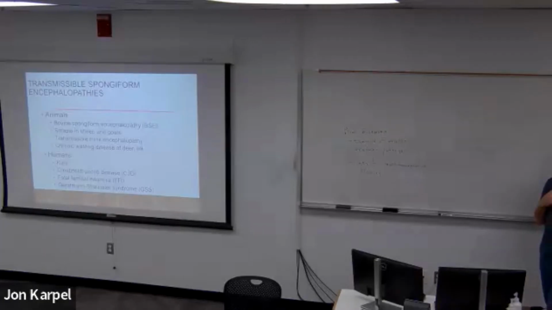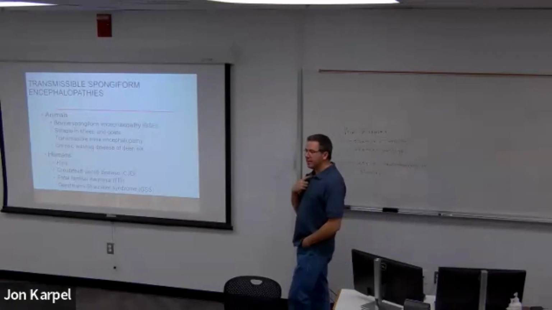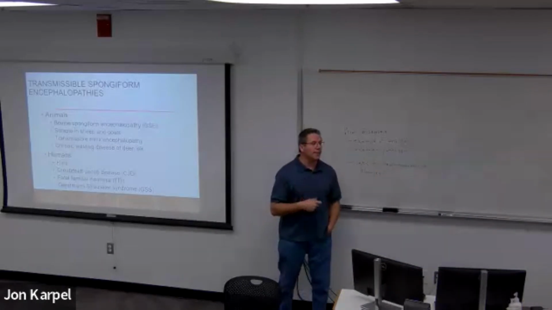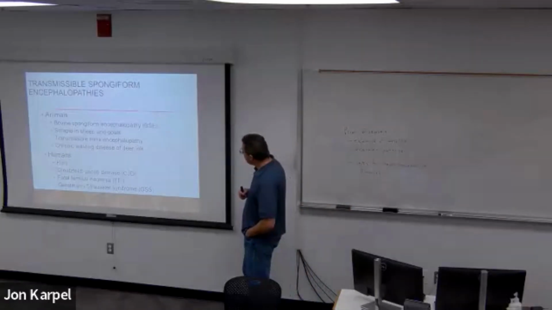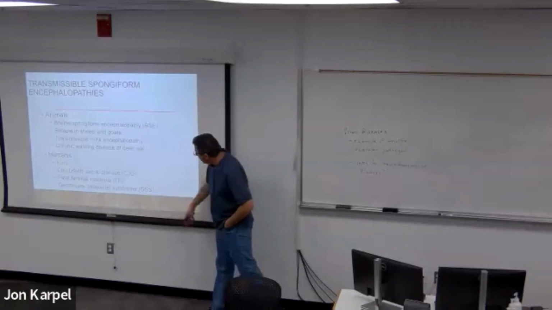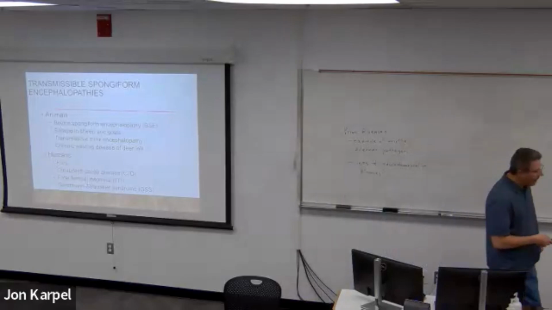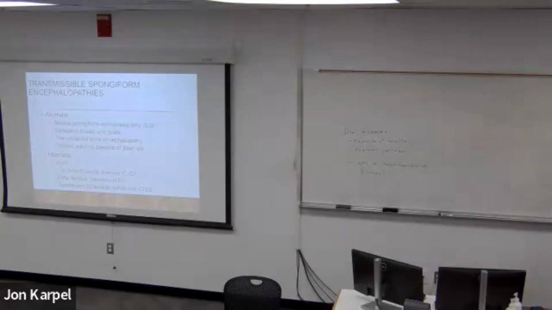So this is not a third world kind of disease. It is in populations in the US, so it is something to think about. They can be transmissible in humans. Some of the ones that we've seen are Kuru, Creutzfeldt-Jakob disease, and a couple of other ones.